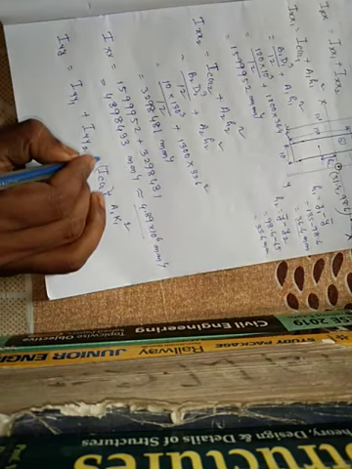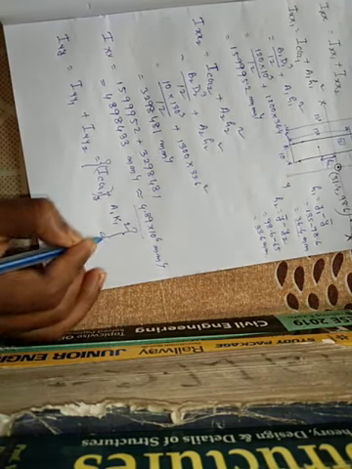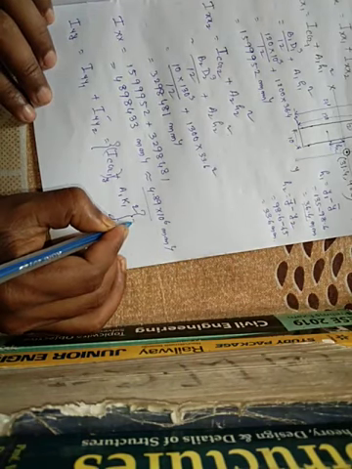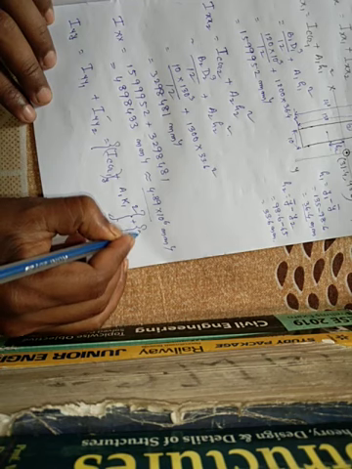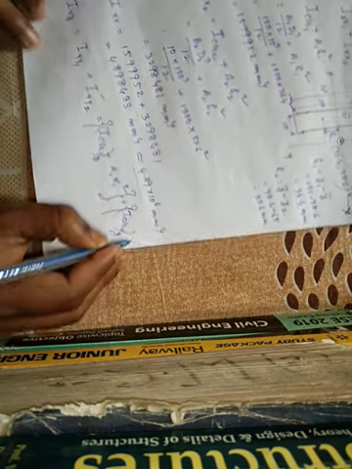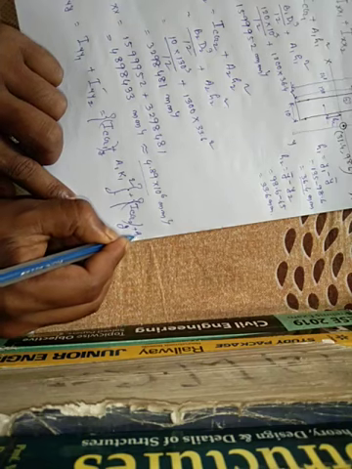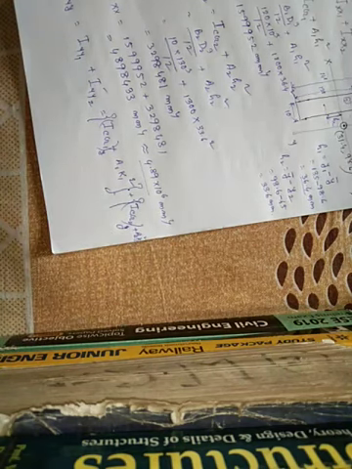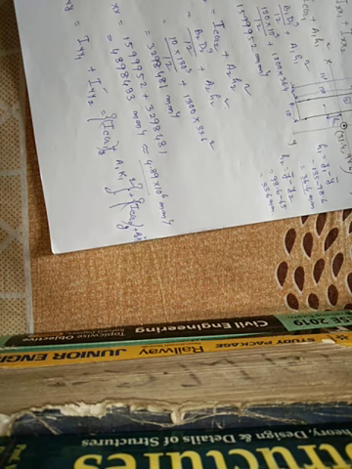And for the case 2 it will be ICG2 about y axis plus A2 into k2 square. Now let me find out k1 and k2. What is the k1 and k2?